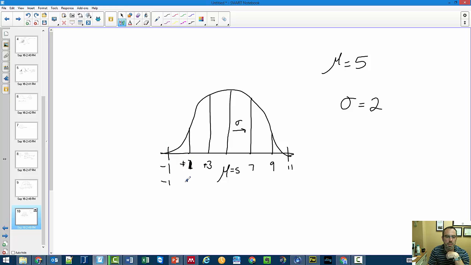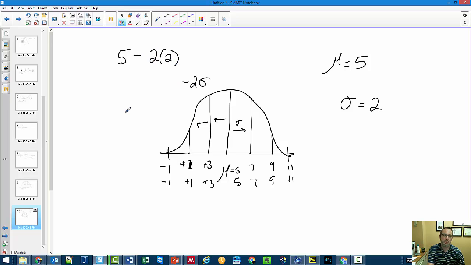So those are the numbers: -1, 1, 3, 5, 7, 9, and 11. Notice it's just adding and subtracting. Going -2 standard deviations is like saying 5 minus 2 times 2, which ends up being 1. That's the idea: the width of all of these is standardized away from the mean.